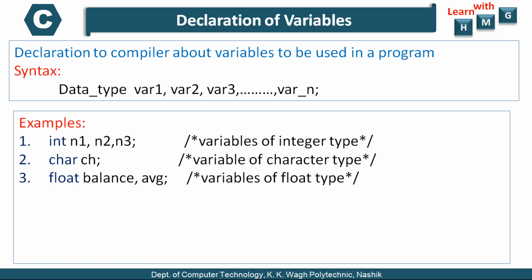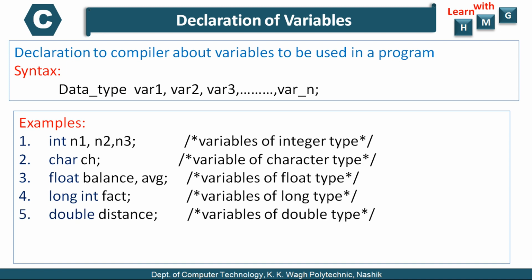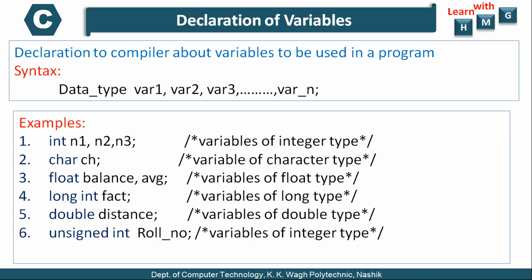Then long int fact. Here fact is of long int; I already told you that the basic data type is int, or for a longer range you can attach the long keyword. Double distance: distance is a variable of double data type. The next qualifier is unsigned int, where unsigned means without sign.